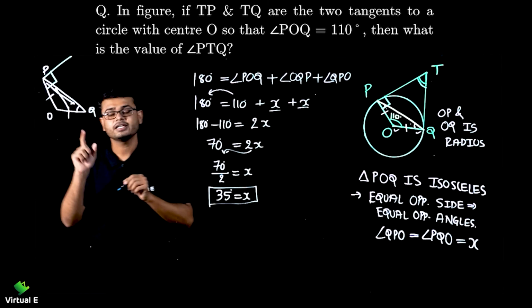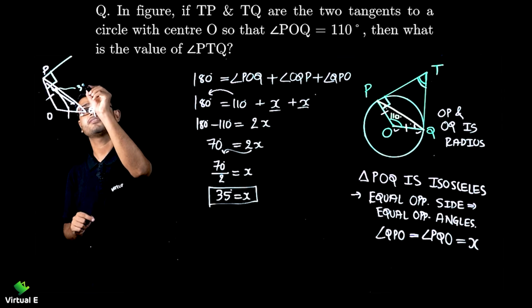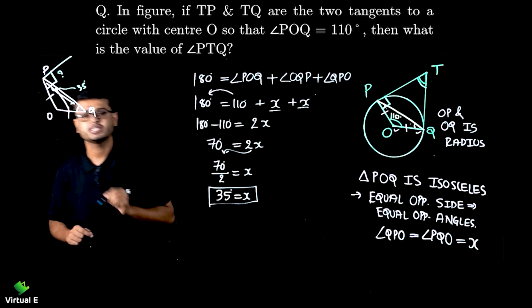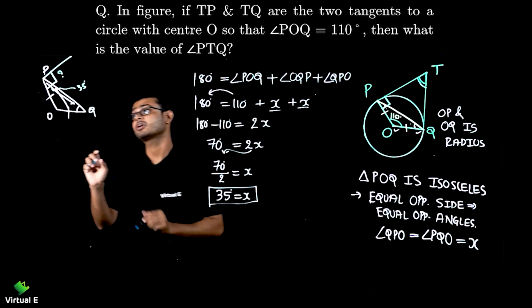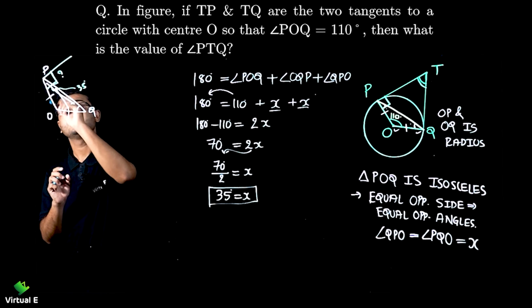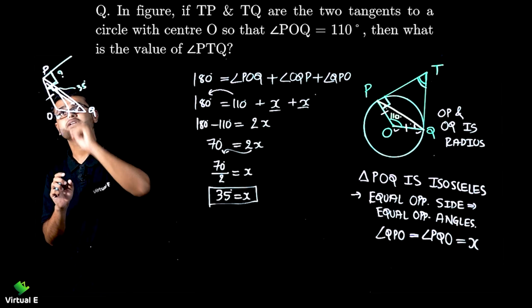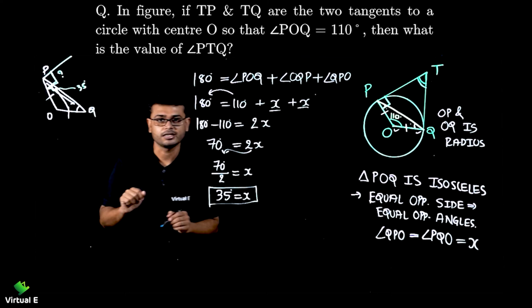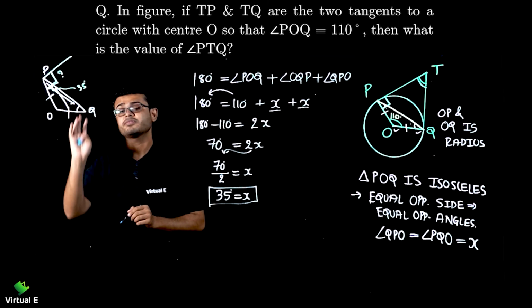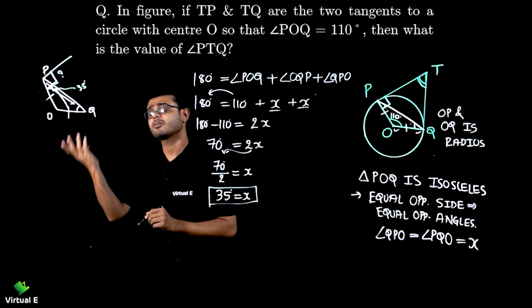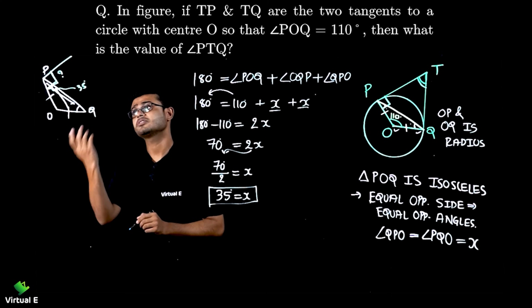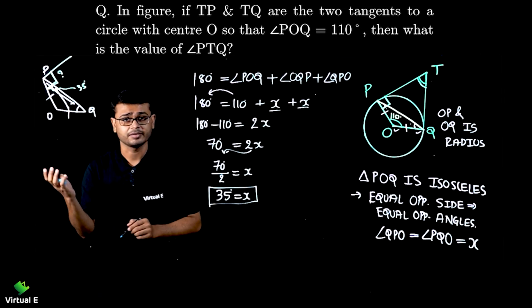Out of this 90 degrees, this small angle is 35 degrees, and I want to find the remaining angle. So what is the value of this angle? Subtract from 90 degrees: 90 minus 35 is 55 degrees.